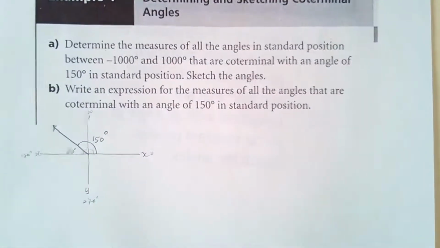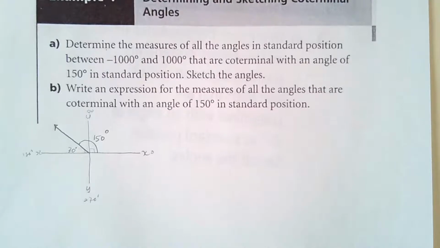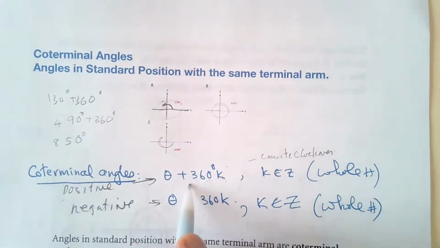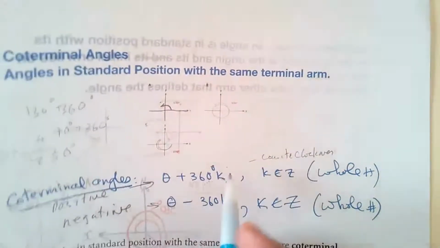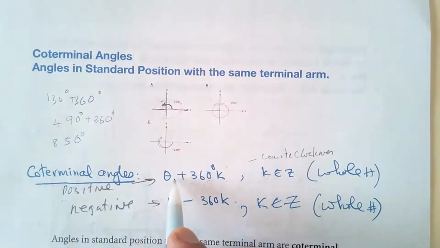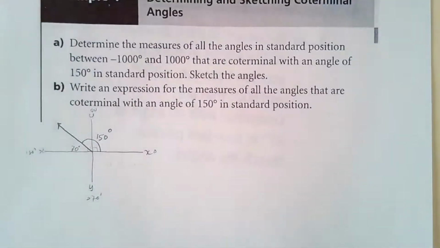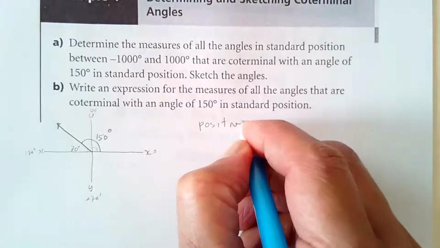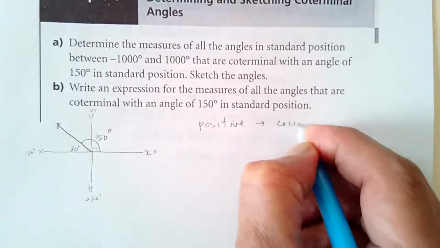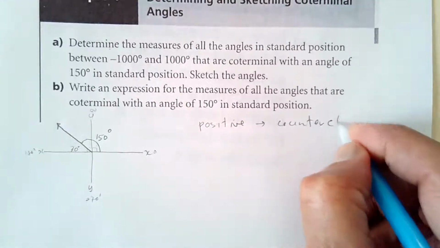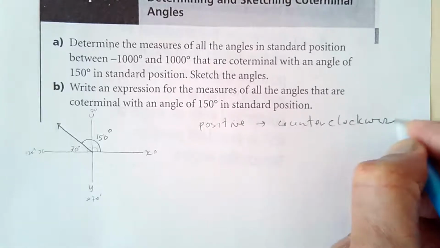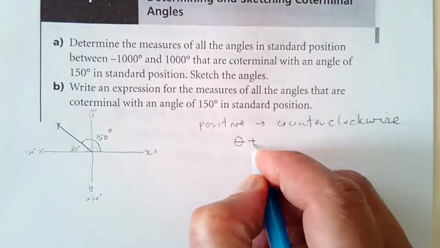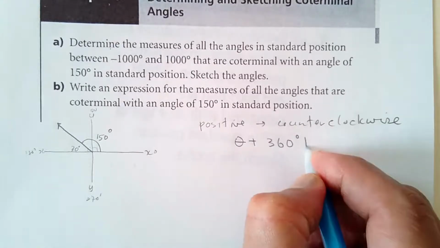So using what we know from before, in this case we're looking at counterclockwise, so it'd be theta plus 360. This is positive, so we're going counterclockwise, which can give me theta plus 360 degrees k.